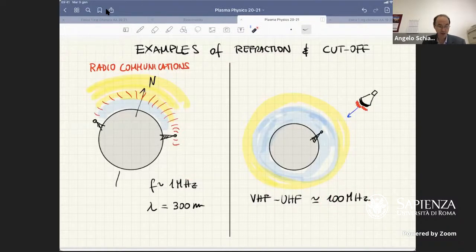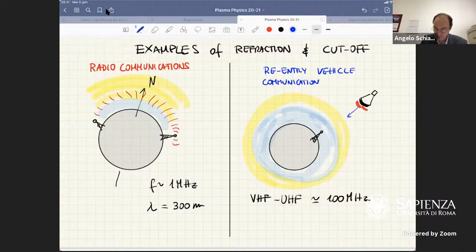And we have to face the problem of what is called the re-entry vehicle communication blackout.